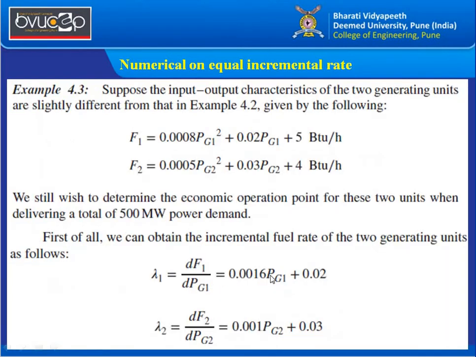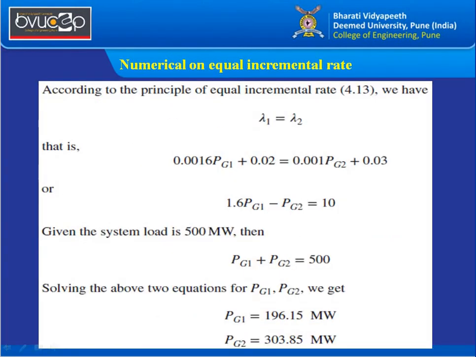When we equate these two equations and solve, we get the result as 1.6 Pg1 minus Pg2 equal to 10. The second equation remains as per the previous numerical, Pg1 plus Pg2 equal to 500. Now solving these two equations, we get a different output.